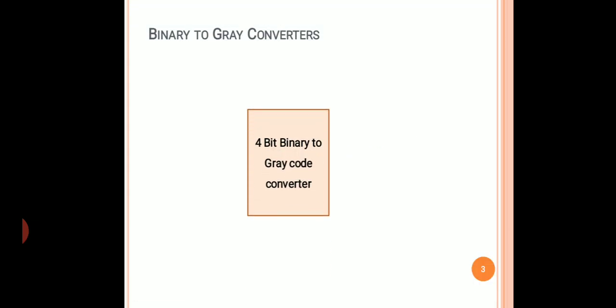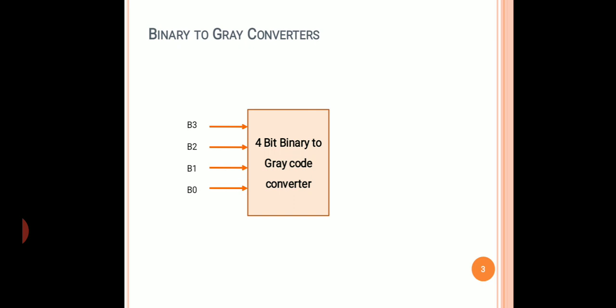A 4-bit binary to gray code converter will have 4 inputs. As the name indicates, 4 bits, so you will have 4 inputs. The inputs are the binary number. We will use the notations B0 to B3. Here B3 is considered the most significant bit.